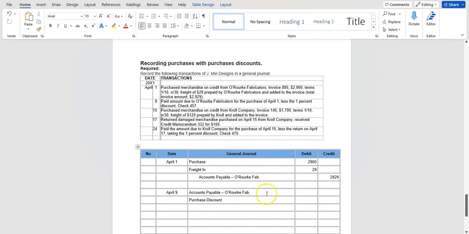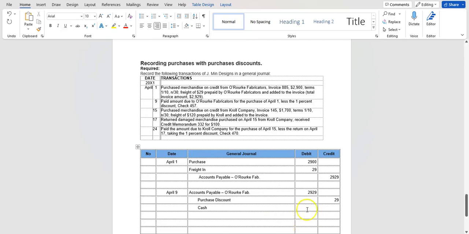So in this problem, we're going to our accounts payable, debiting our $2,929. Let's clear that up again. Our accounts payable is debited for $2,929. Our purchase discount is actually going to be a credit because we're going to pay less cash. We need this journal entry to reconcile. Our purchase discount is 1% of the invoice amount of $2,900, which comes out to $29.